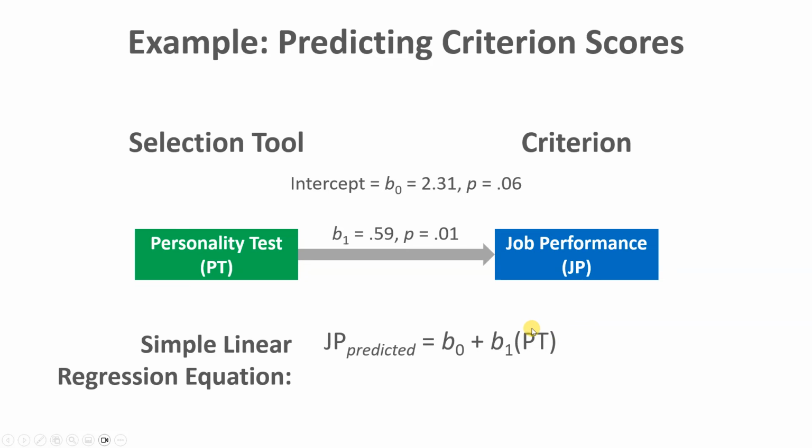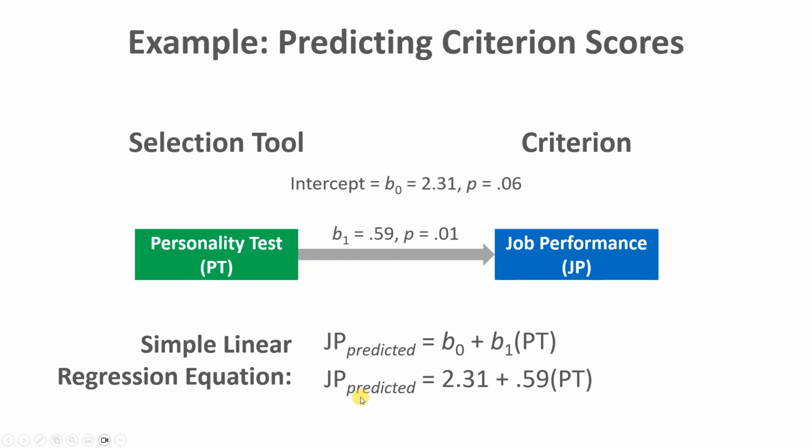And here you can see within the model parentheses here, I have the name of our personality test, or the abbreviation of PT here, because this is where we could plug into our model actual scores on that personality test. So let's see what this looks like when we put in the actual regression coefficients and estimates from our model.